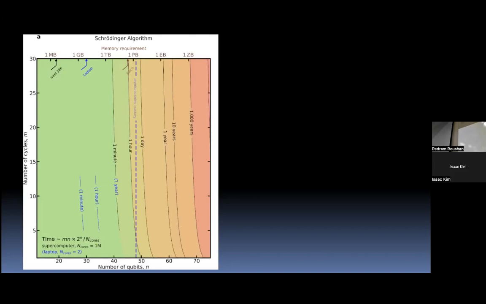I don't know which planet New York belongs to, but apparently they can just go beyond that and claim that the computation takes a day. But there's no supercomputer, at least that we know of on this planet, that has that much memory. So it's not an argument about how long it takes. We understand it takes about a day. It's just that there's no place to fit that wave function.